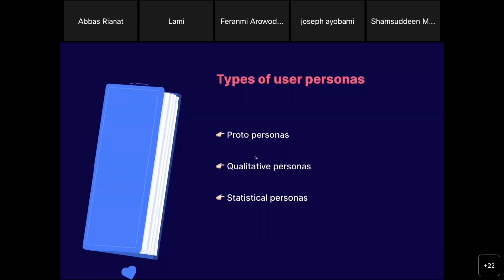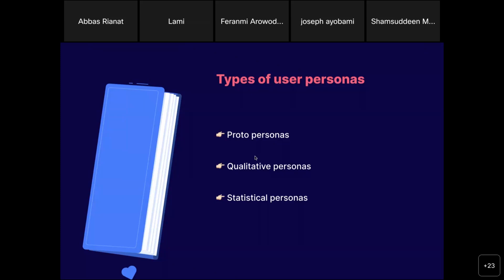So we are talking about personas based on small sample qualitative research, such as the interviews you've done during your research phase, and the usability tests you've done during your research or after your product. All of those things that you put together are based on data. That is qualitative personas, and this one is sample based.